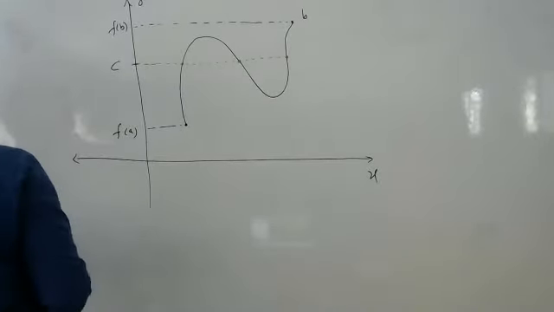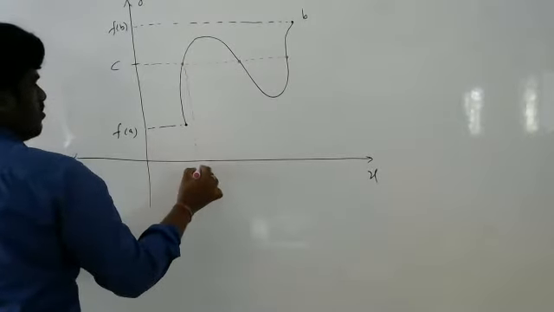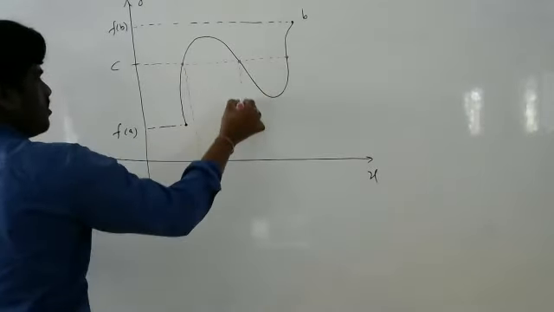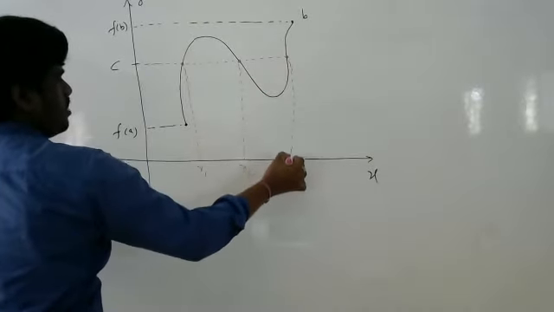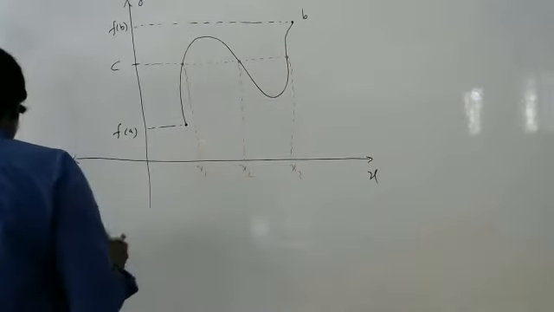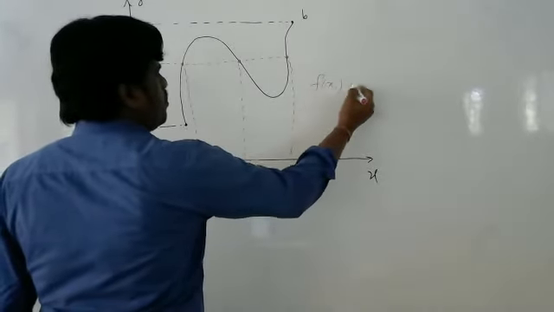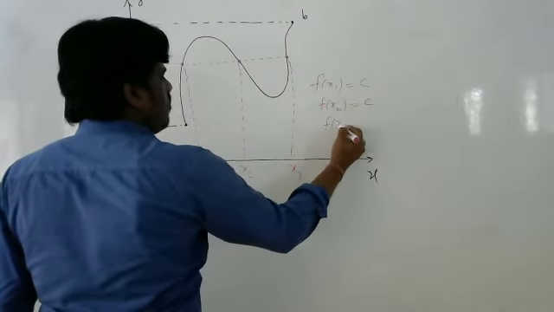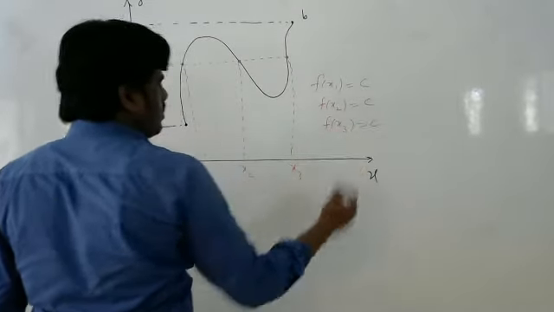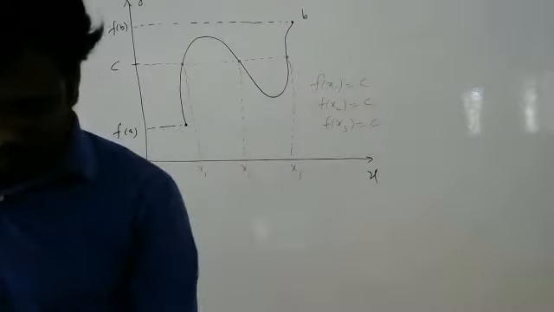This will be x1, this will be x2, this will be x3. So f of x1 is equal to c, f of x2 is equal to c, f of x3 is equal to c. In the previous case, f of x0 is equal to c. That is the intermediate value theorem.